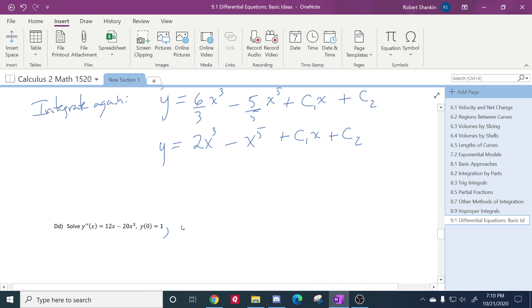And if the independent variable is often time, a very common thing is they tell you the initial position and the initial velocity, something like this. So I'll tell you y at 0 and y prime at 0. That would be an initial condition for this problem.